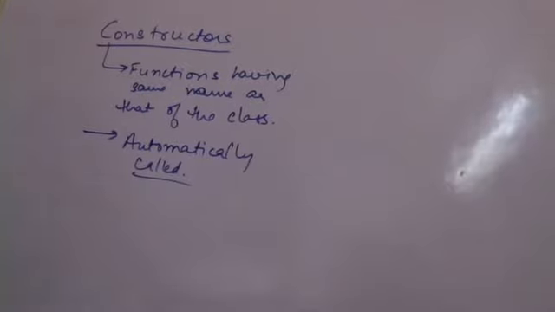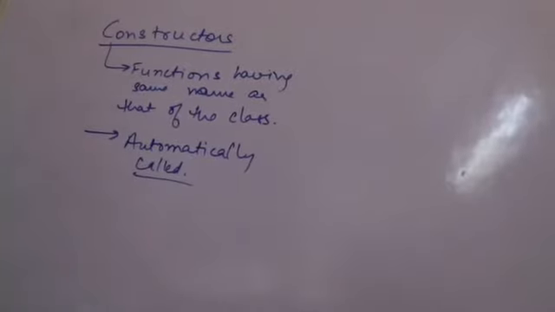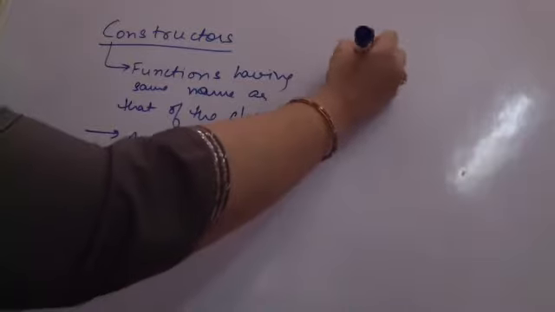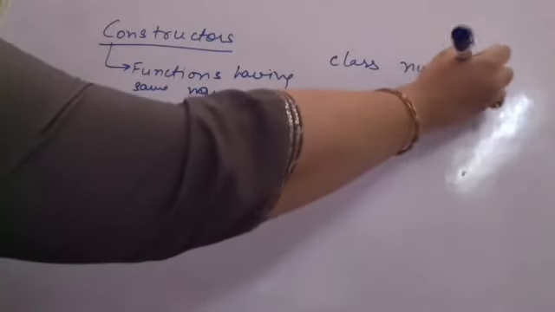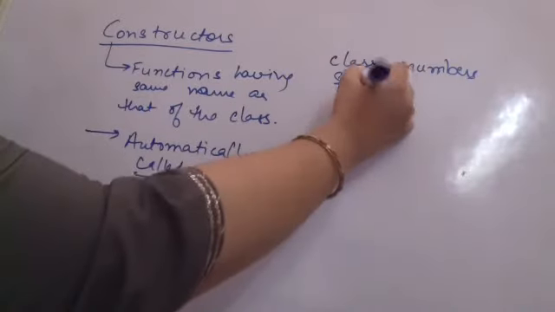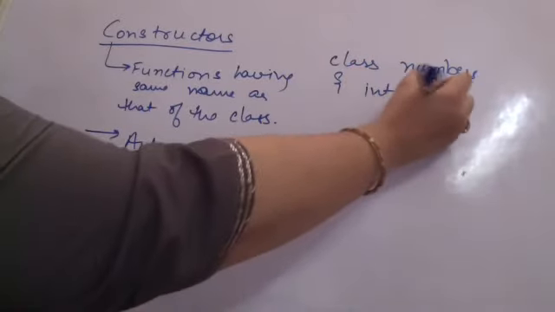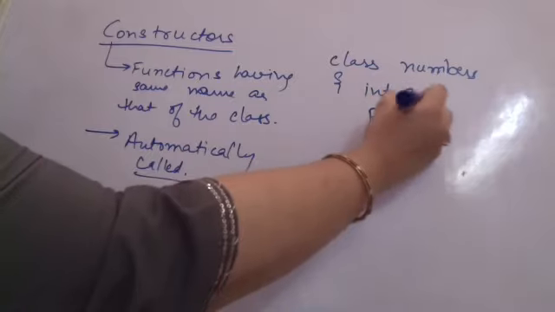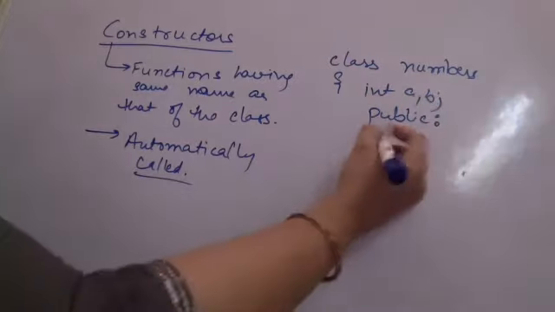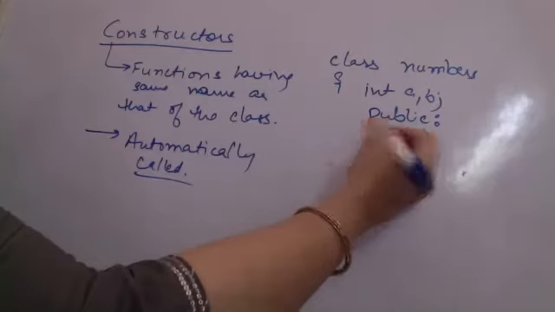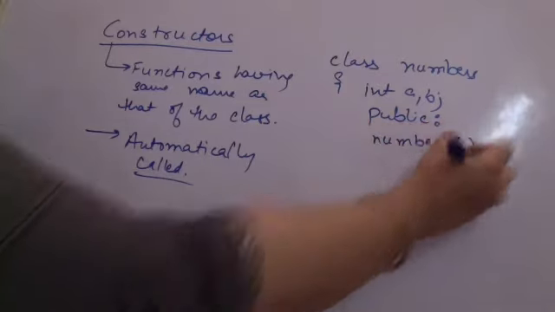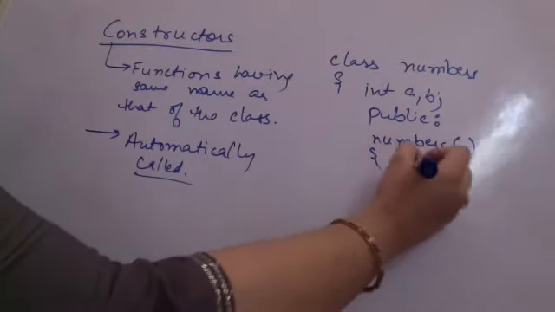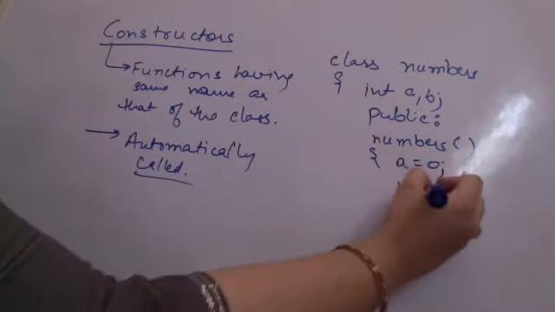If I'm just trying to see an example, if I create a class, say numbers, and within the class I'm having two numbers A and B, and I want a constructor to be declared, so I'm mentioning numbers, the same as the class name, as a constructor here where I'm initializing A to be 0 and B also to be 0.